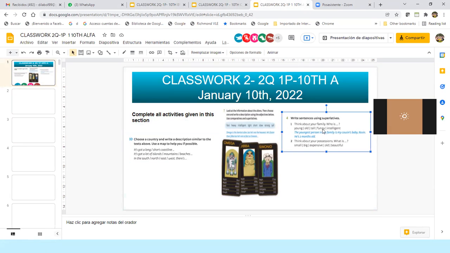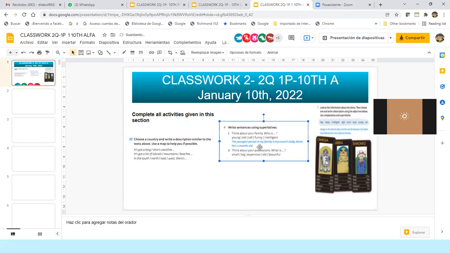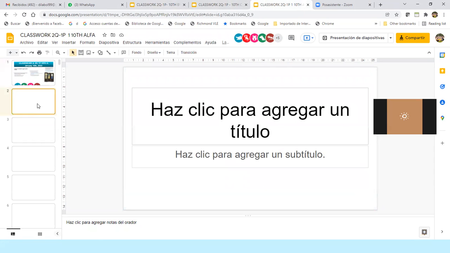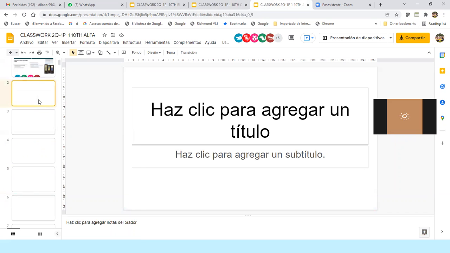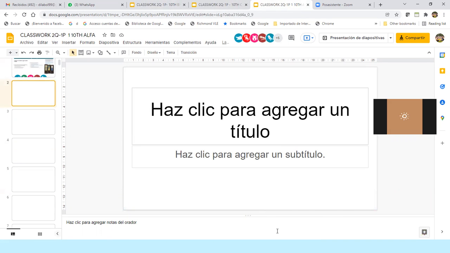And obviously here you have the number 4. That is about the sentences using the superlatives. The number 1, the number 2, okay? Remember that you are going to write your name. You are going to select one, and obviously you are going to start working on this, okay? That is the task number 2 that you're going to work on in this section.